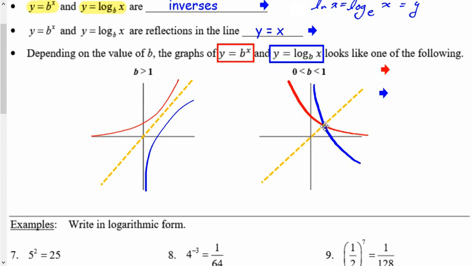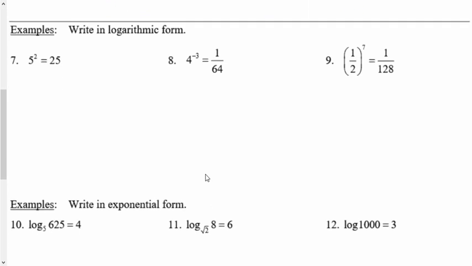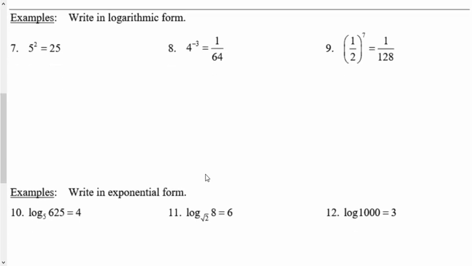Let's look a little bit more at switching between exponential and logarithmic form. So here in question number 7, we have an exponential identity, really. 5 squared is equal to 25. Well, not an identity because there are no variables. If we want to rewrite this in logarithmic form, we'd look at this power and say, oh, the base is 5.